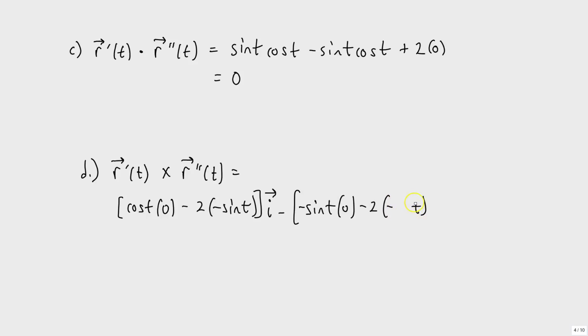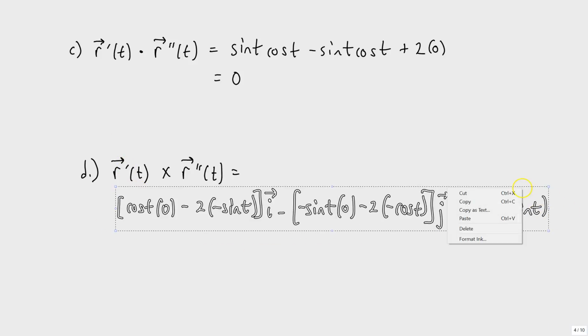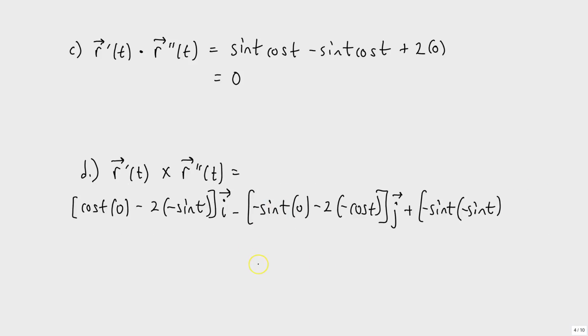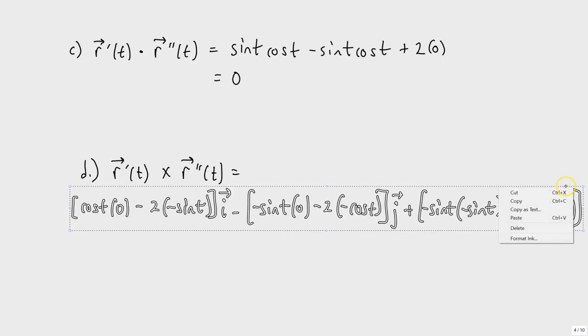That would be cosine t j, and then plus negative sine t times negative sine t. Then minus cosine t times negative cosine t.